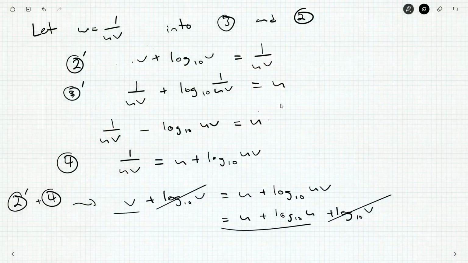So what can we do? Well, let's get a fresh sheet of paper. I'm starting to think that maybe 111 is the only solution.